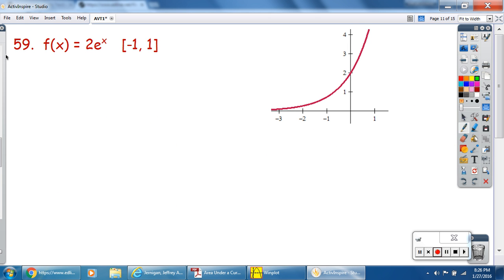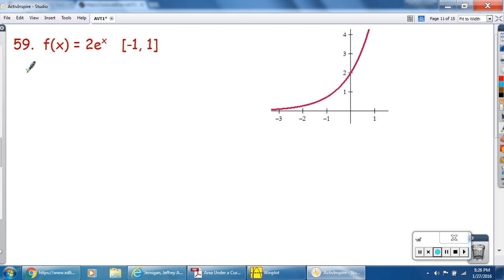Number 59, we have 2e to the x, so the average value is 1 over b minus a, so that's 1 over 1 minus -1, the integral from -1 to 1 of 2e to the x dx. That's the same thing as 1 over 2. I can go ahead and pull the 2 using my properties of integrals to the outside: -1 to 1 of e to the x dx, which is the same thing as if we multiply 2 times 1/2, we get 1.